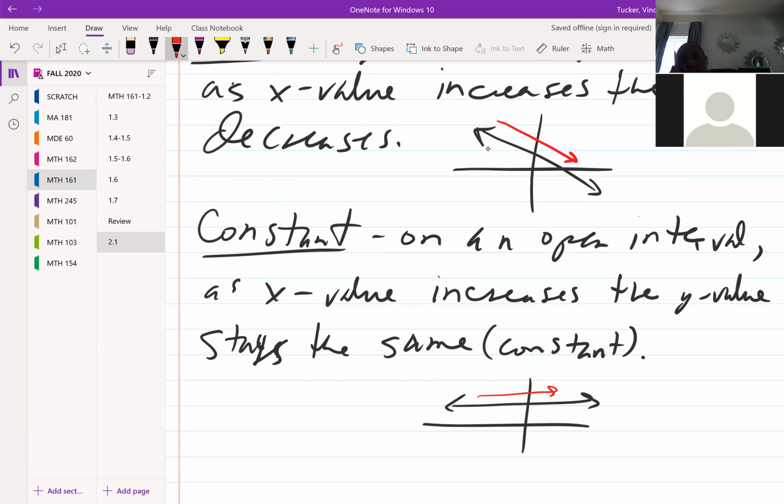All right, so constant on an open interval: as the x value increases, the y value stays the same. In other words, constant.